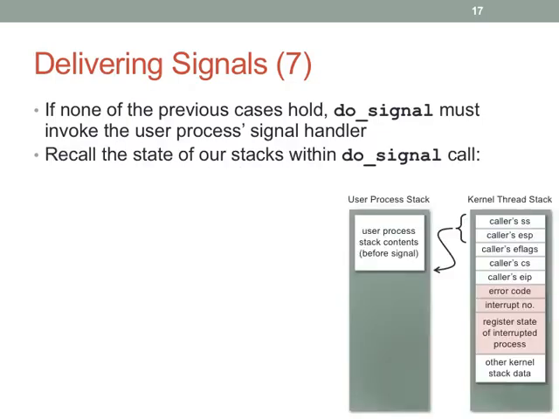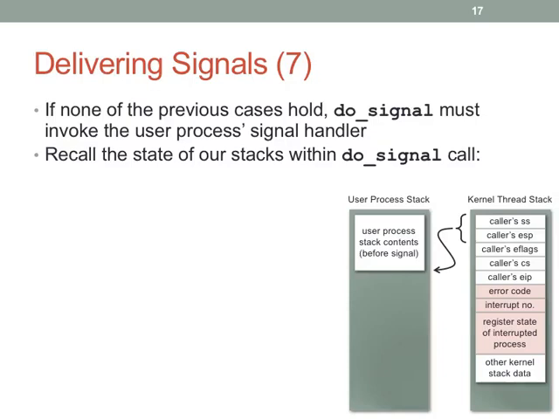Okay? This is the state of the stack. I use the term stacks plural because there are multiple stacks involved at this point. Remember, we're inside the kernel because we're getting ready to go back to that user process. So we have whatever, starting at the bottom, other kernel stack data. So this may be function contexts and so forth.